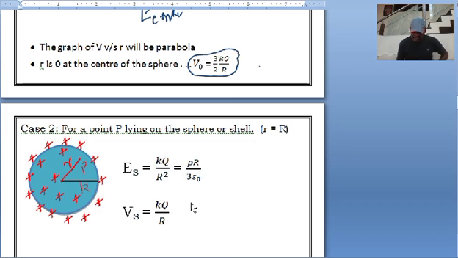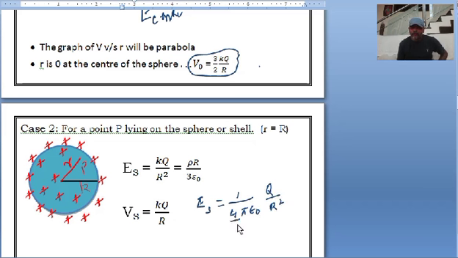You are just substituting k as 1 by 4 pi epsilon naught. Observe here, E on the surface is equal to, in the place of k, write 1 divided by 4 pi epsilon naught, and q divided by R square.